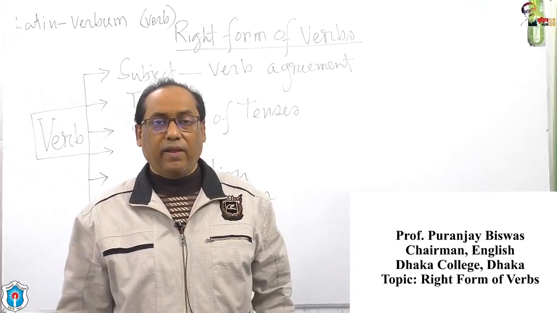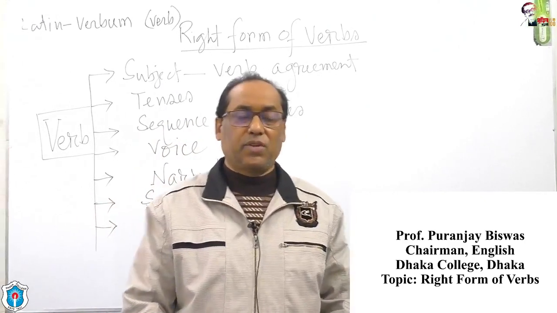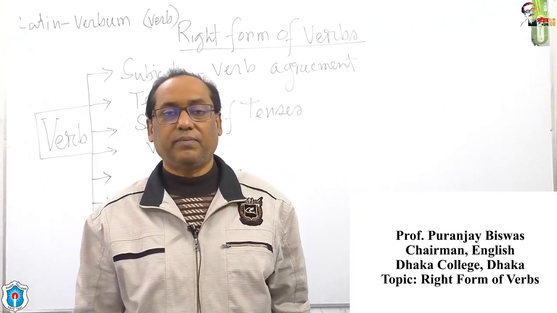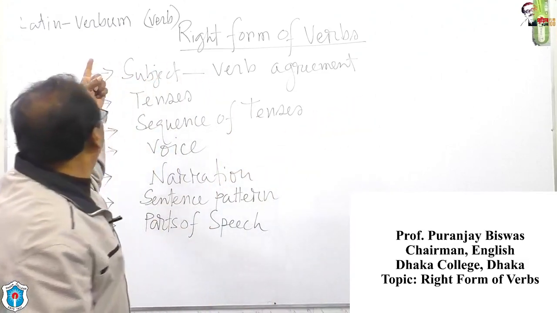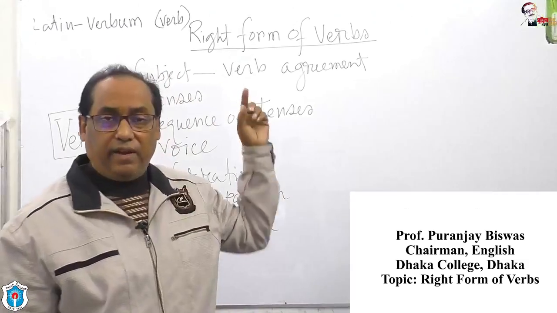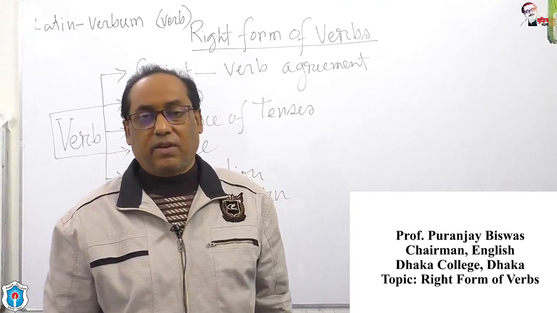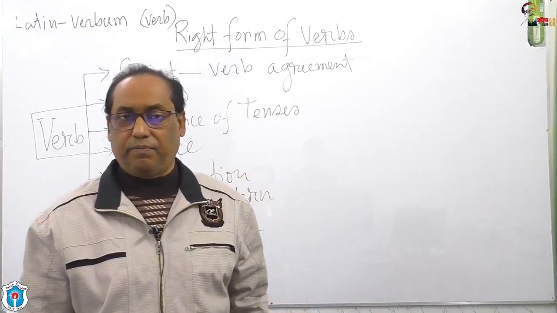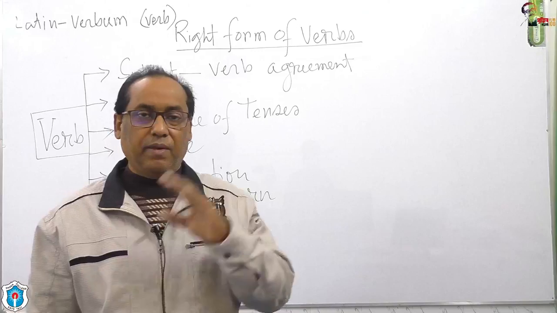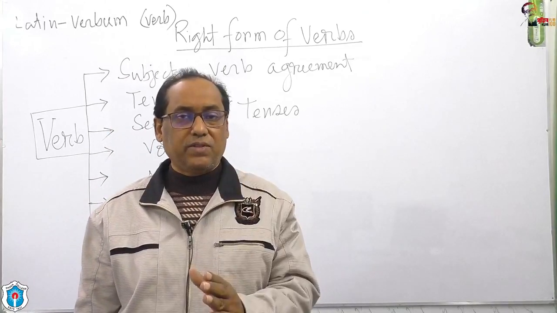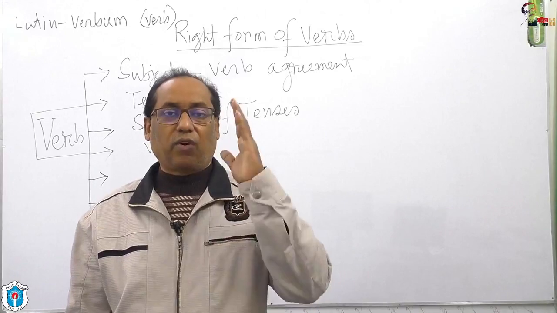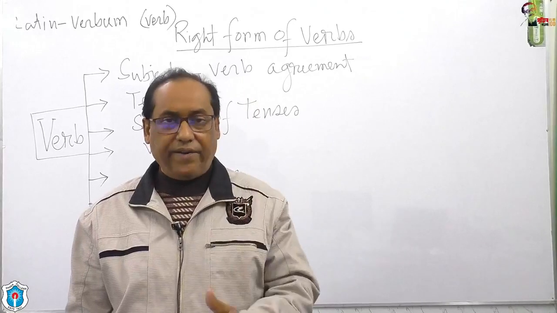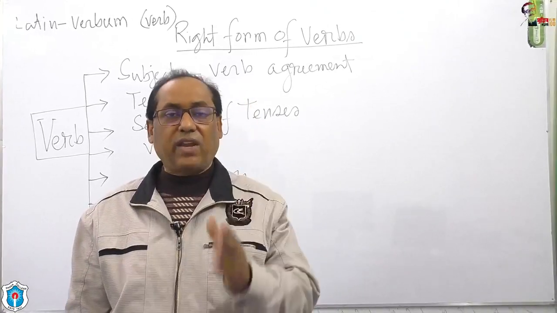So before going to the correct form of verbs, let me focus on what a verb is. Look, the English word verb has come from a Latin word, verbum, V-E-R-B-U-M, which means a word that conveys an action or an occurrence or a state of being.